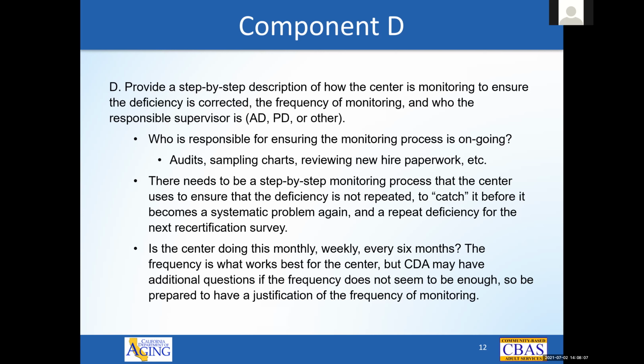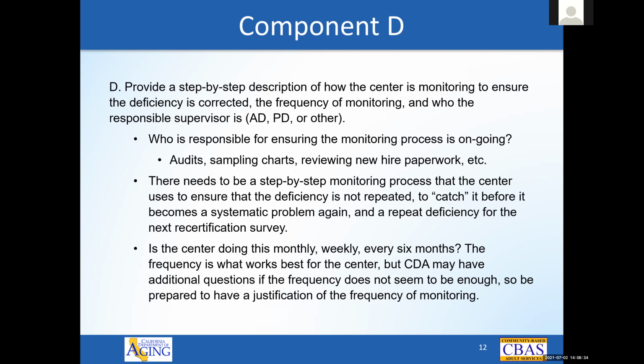One of the things we look for is who's responsible for ensuring the monitoring process is ongoing, and what is their approach? Will it be an audit, a sampling of charts, reviewing new hire paperwork? What is the approach to determine that the center staff have implemented the correction?